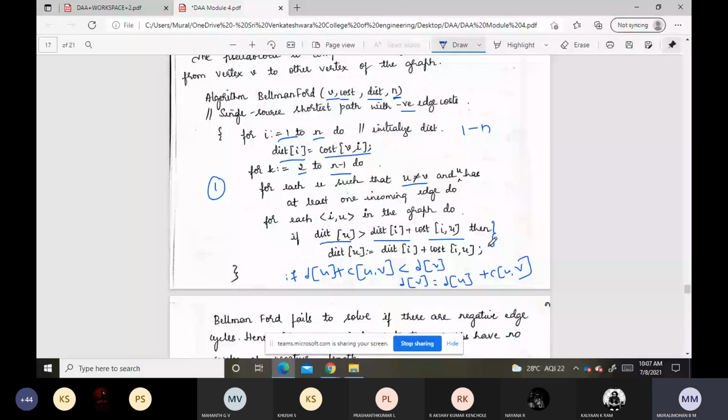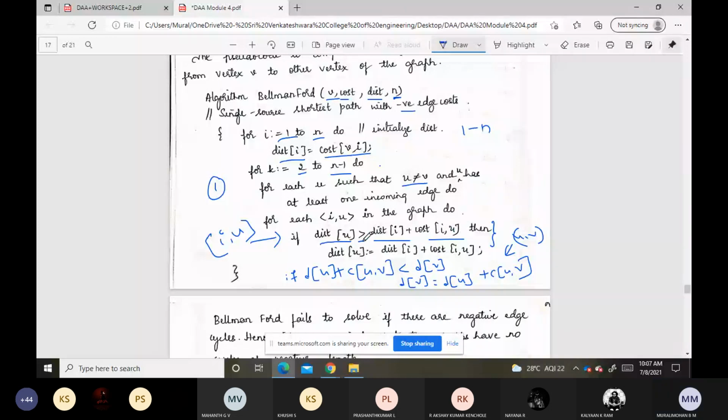Here we are taking the edge as u comma v, whereas in this case they are taking the edge as I comma u, except that everything is the same. Here we are checking less than d of v, and here it is checking greater than d of I plus cost of I comma u.